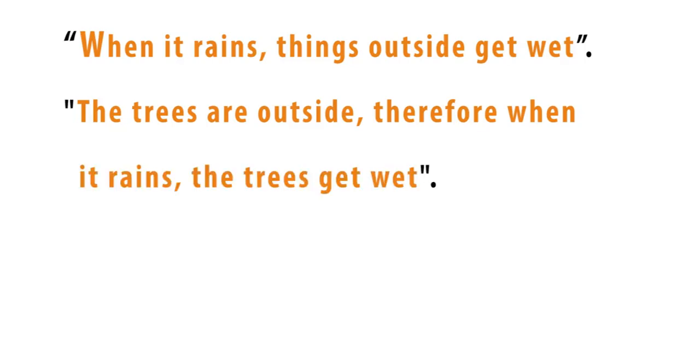Therefore, when it rains, the trees get wet. Mathematical logic is commonly associated with this type of reasoning. And so this is the type of reasoning we are going to be using in our logical reasoning concepts.